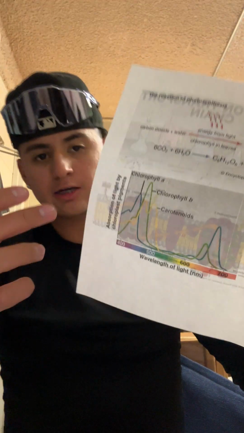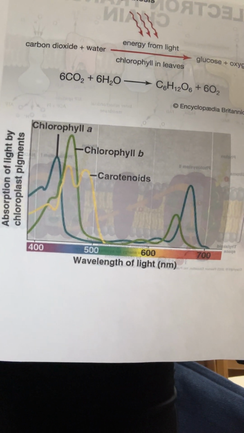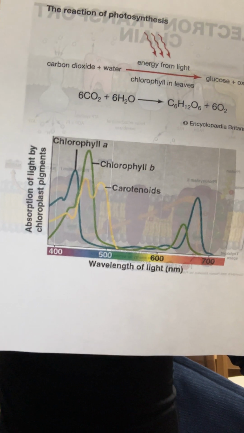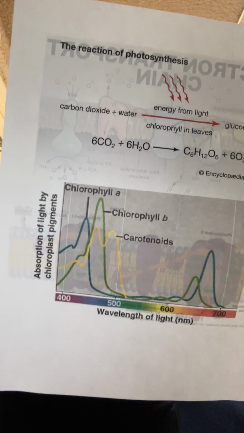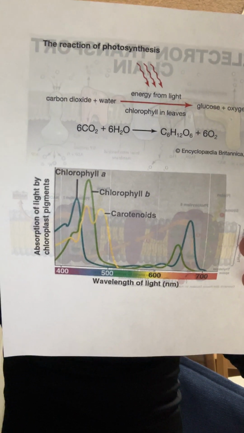Pigments like chlorophyll are essential for this process because they absorb specific wavelengths of light, as we can see down here. They also capture the energy, initiating a chain of events that ultimately produces ATP and NADPH, which fuel growth for plants and are the foundation for most food webs on Earth.